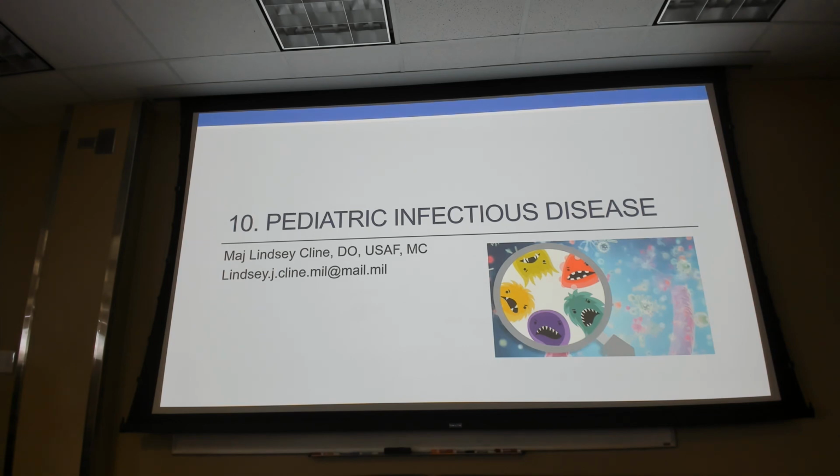UTIs. What are some of the things that make you higher or lower risk in that first year of life? Being female? If you are male, what's going to make that higher or lower? Uncircumcised, good. Yeah, and then any other anatomical abnormalities. A defect in your complement pathway makes you consider what diagnosis? Remember what complement pathway was?